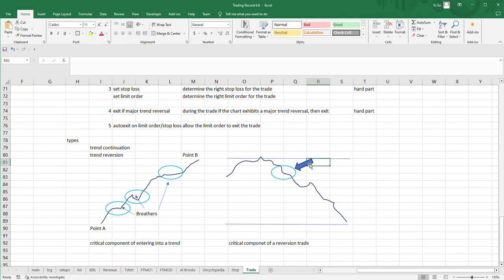This is where the significance of reversion takes place. Critical signal that tells me a major trend reversal is taking effect. That's the point. What's the other criteria? That's point one.